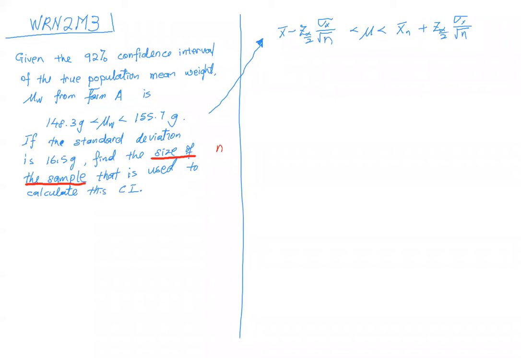Okay, so based on this formula and based on the confidence interval given, can you tell me what is the width of the confidence interval? We will go by alphabetical order. Okay, Adrian, what is the width of this confidence interval?